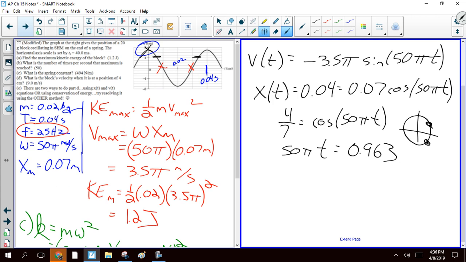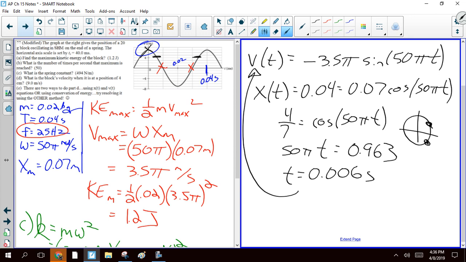Now divide by 50 pi, in parentheses. You get a syntax error because I used the wrong kind of parentheses. There we go. So 0.006 seconds.